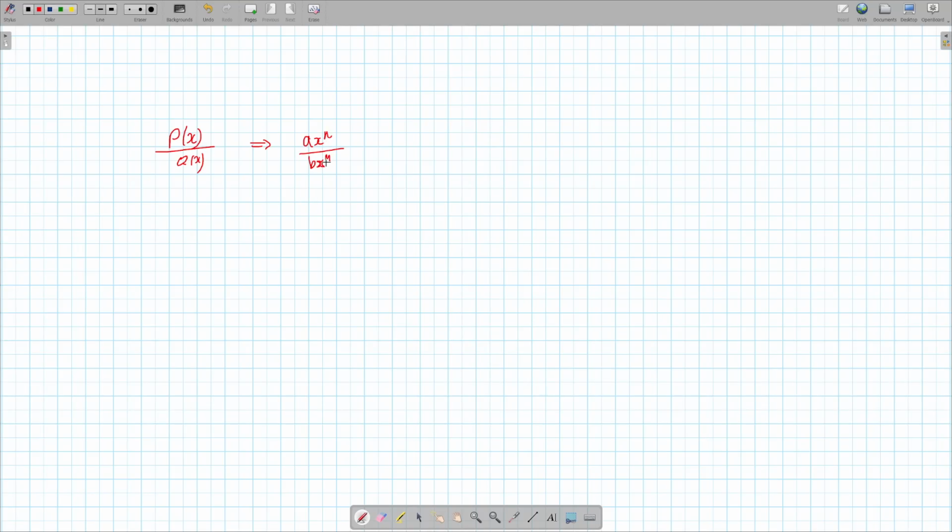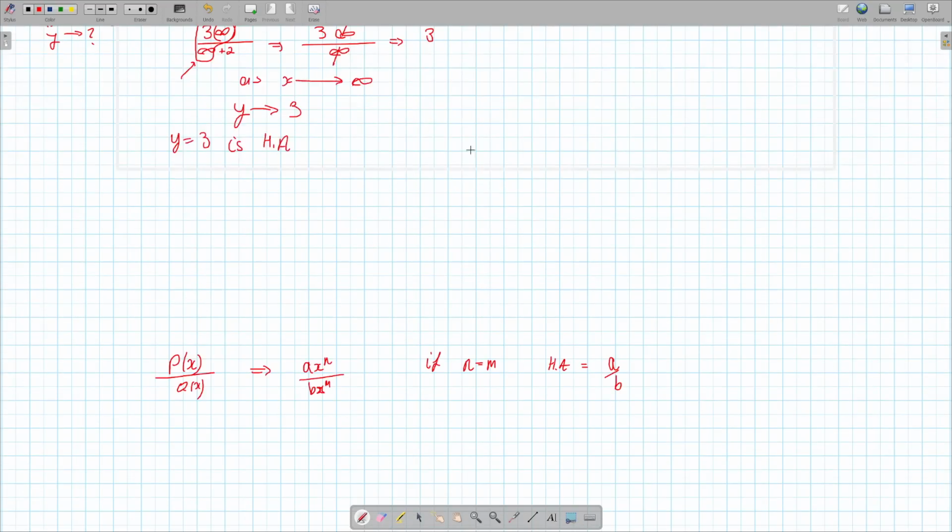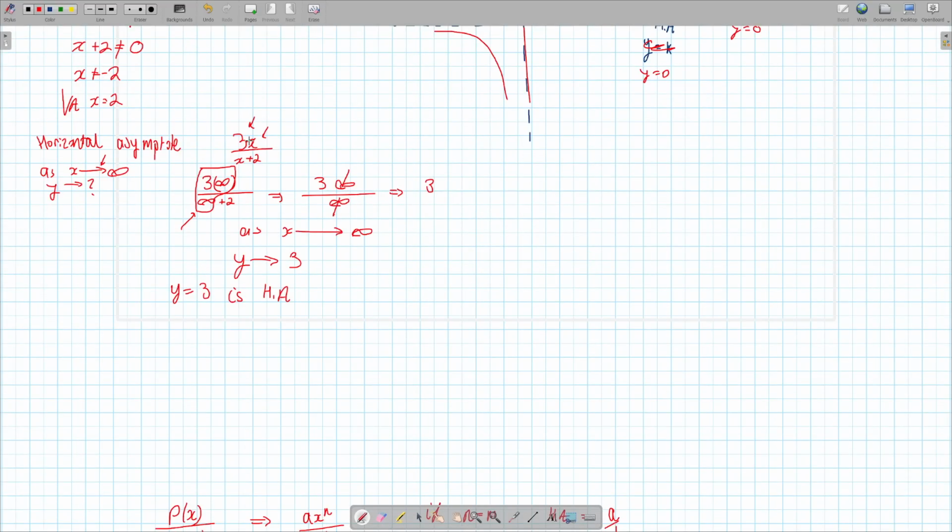This is the highest degree. If n equals m, the horizontal asymptote is equal to a over b, like we had over here. Power 1, power 1. Since they're equal, the horizontal asymptote is just 3 divided by 1, which is 3.